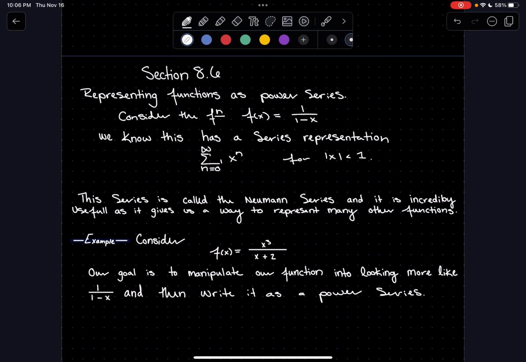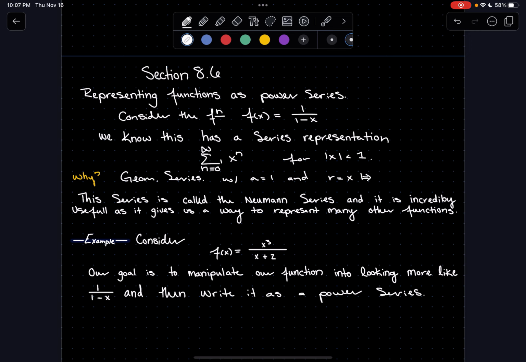And I say we know it has a series representation like this. And I say that like you guys should know it, and technically you do know it, but you might not see it. So why? Well, this is a geometric series, sorry. A geometric series with initial value 1 and the ratio r equals x.